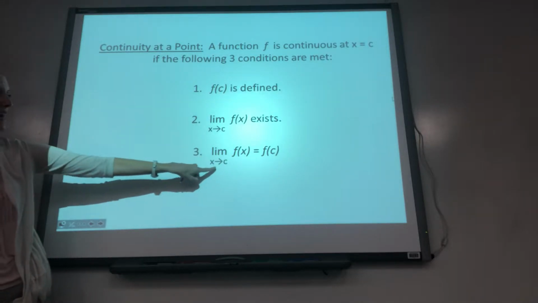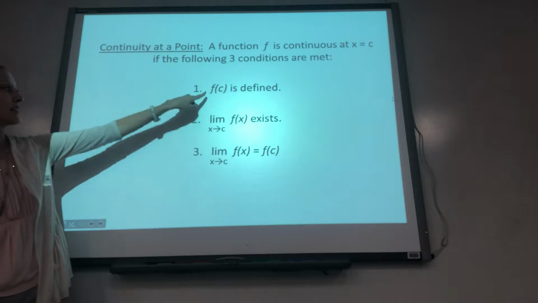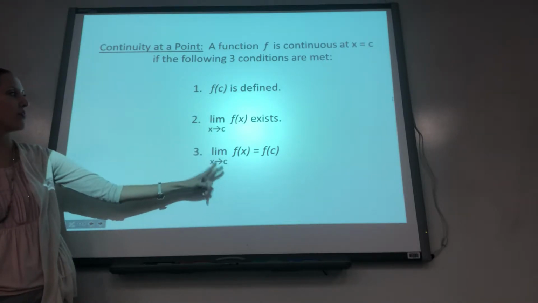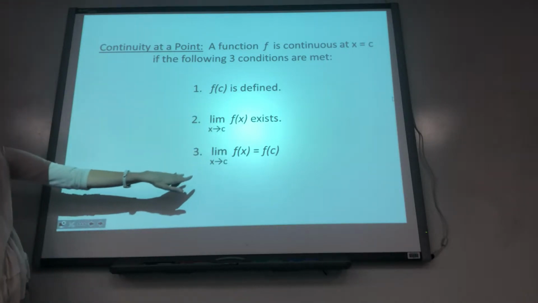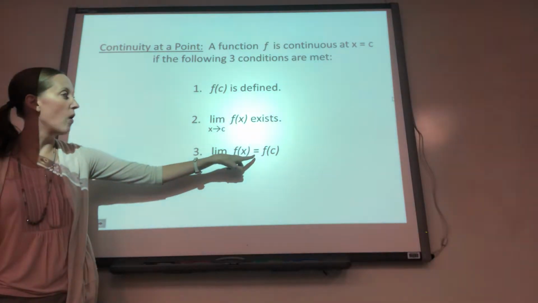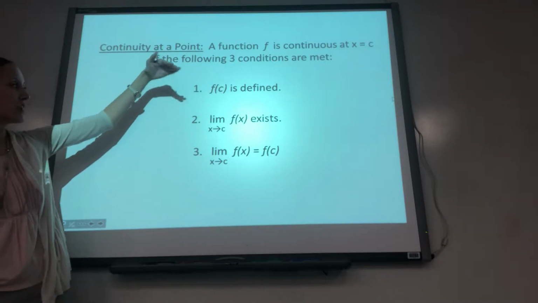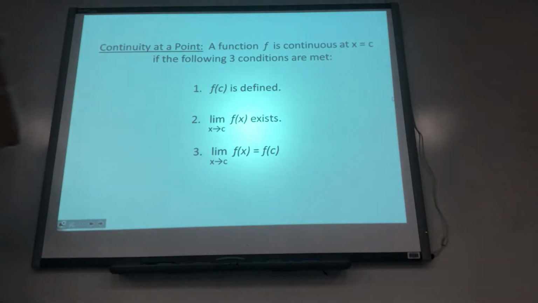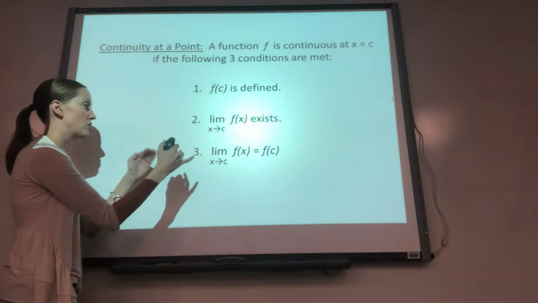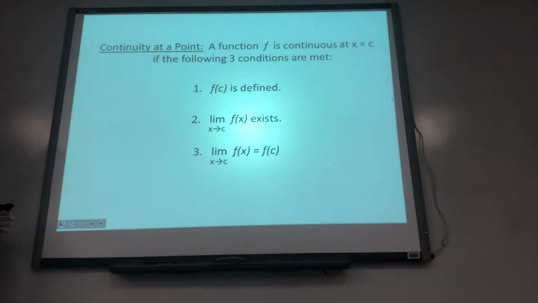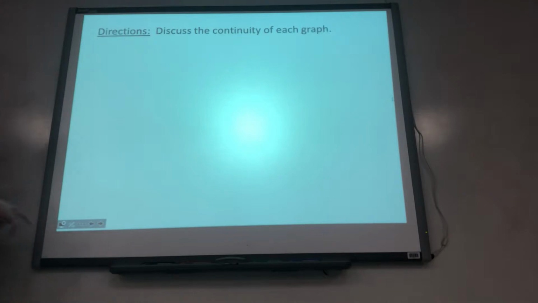This limit as x approaches c of f of x comes from condition 2. Whatever that limit is, it has to equal whatever the function is at c. So whatever you get from condition 1 and condition 2, those should just be some kind of numbers. That should be equal to each other for that third condition. Again, all of that right now is a little blurry, I'm sure. We'll go ahead and start our examples.